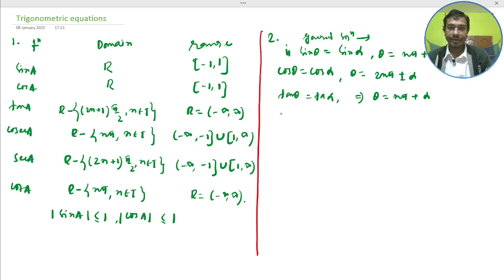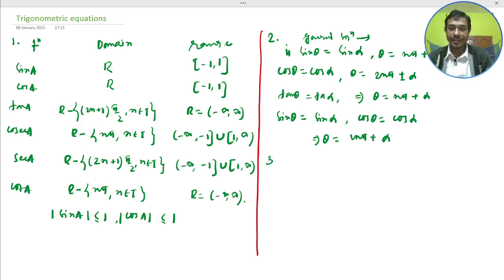Next, very important, if sin theta equals sin alpha and cos theta equals cos alpha, for that case theta would be twice n pi plus alpha.